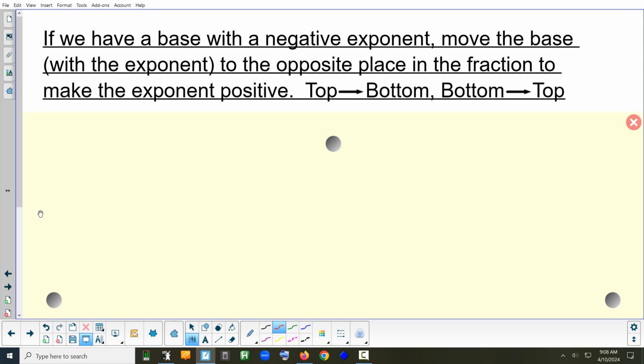And the way you get rid of it is you move it to the opposite place in the fraction. So if you have a negative exponent in the top, you need to move it to the bottom.